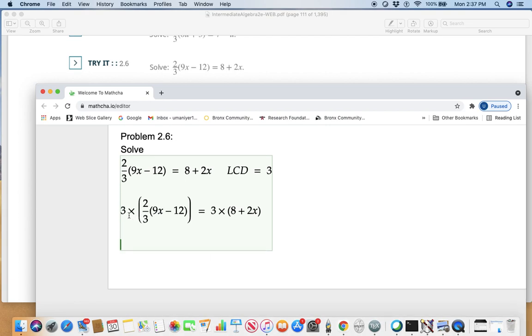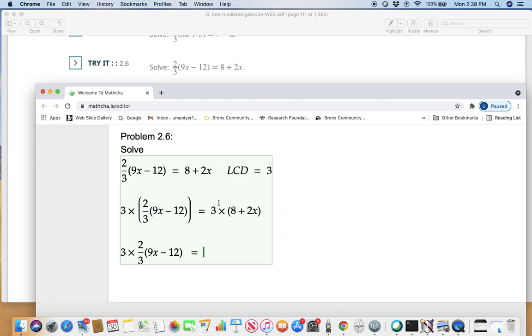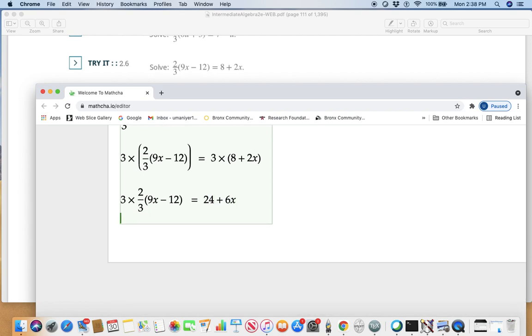This is simply multiplication of a number times something else, so you may as well write all of this since it's purely multiplication with parentheses inside. I can remove these parentheses. This multiplication distributes: 3 times 8 is 24 plus 3 times 2x is 6x.